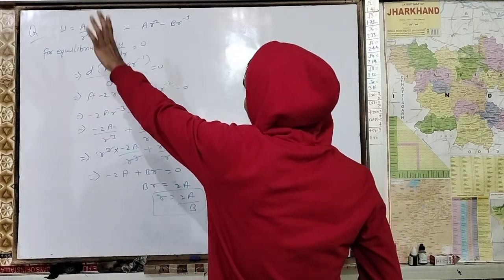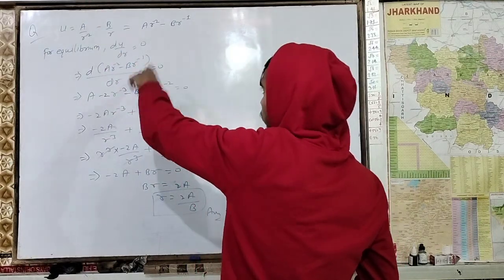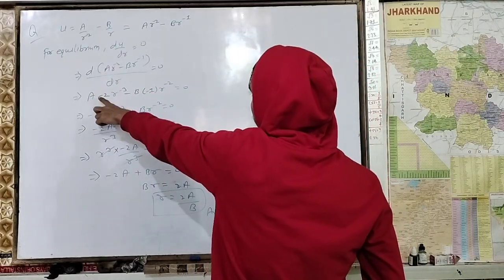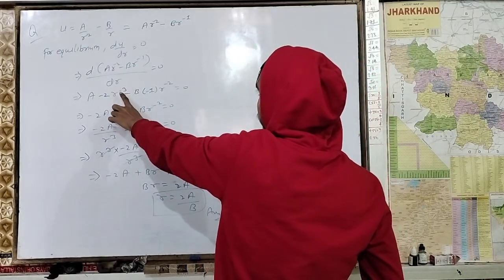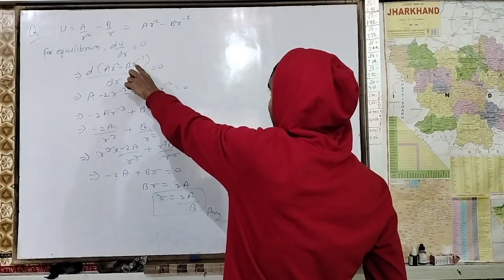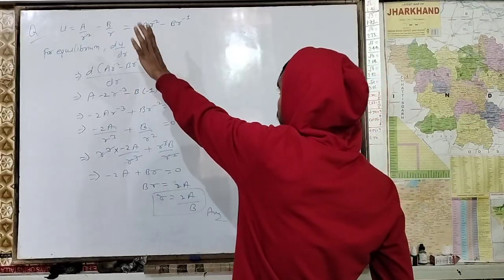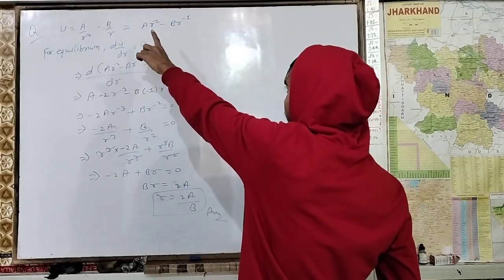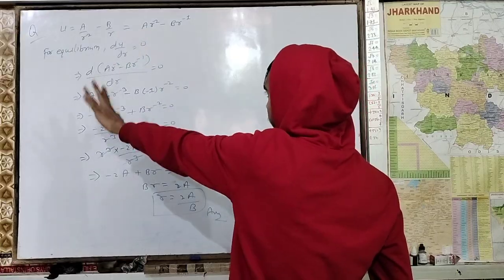We know A is a constant, B is also a constant. So minus 2 will come downward: minus 2 minus 1, minus 3. B is a constant, R raised to power minus 1. So the differentiation of R raised to power minus 1 will become minus 1 times R raised to power minus 2. Clear?